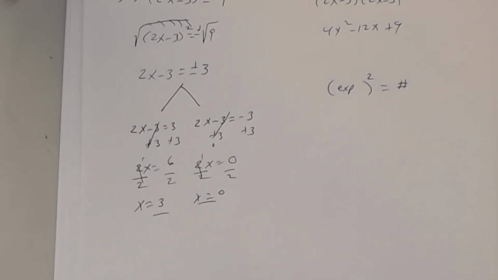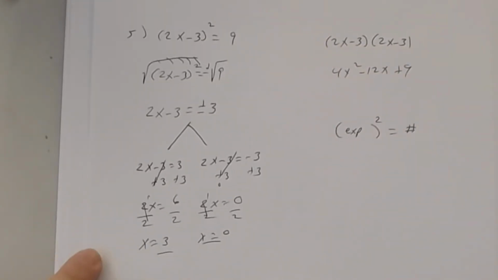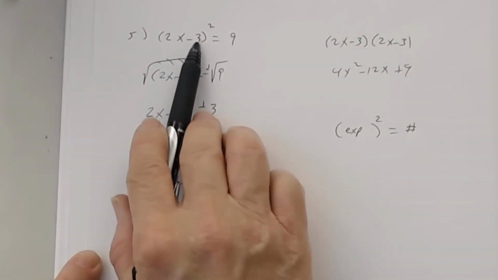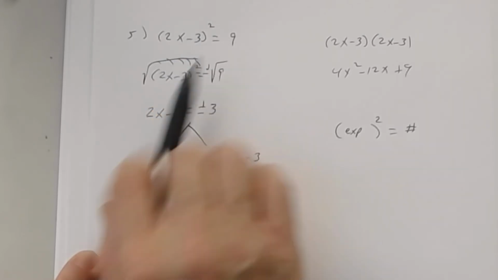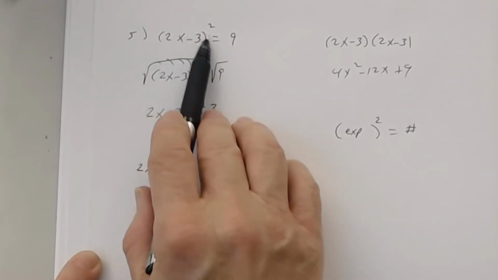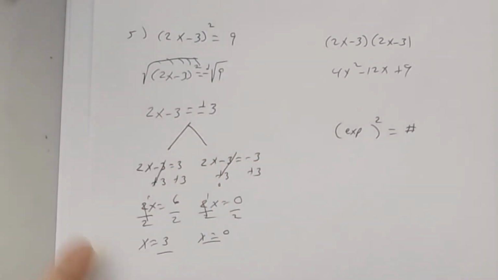Okay? And you can quickly check this one. Let's check 3. What's 2 times 3? What's 6 minus 3? And what's 3 squared? 9. Let's check 0. What's 2 times 0? What's 0 minus 3? And what's negative 3 times itself? 9. So those are your 2 solutions.